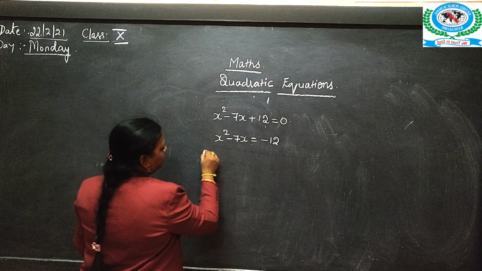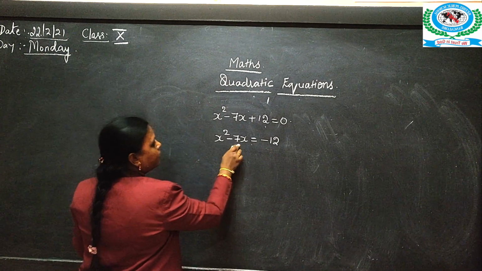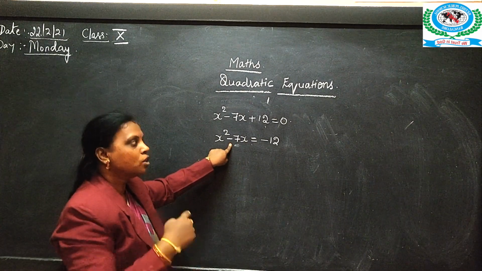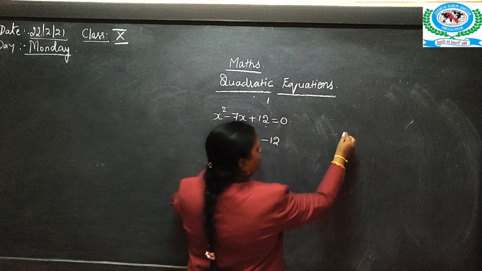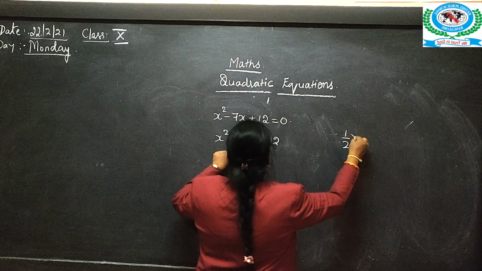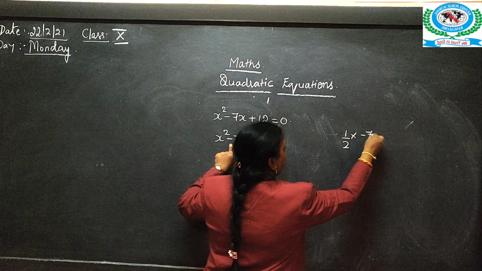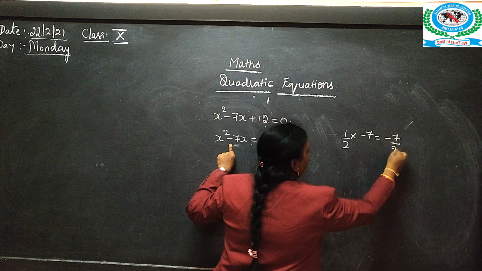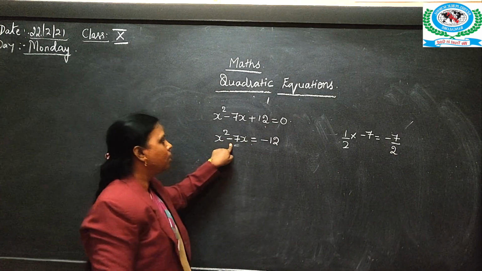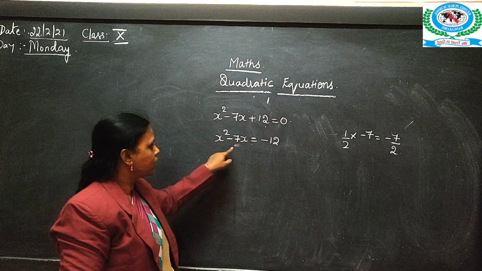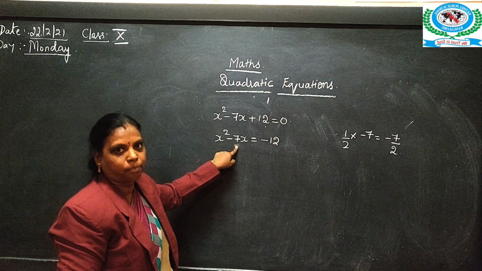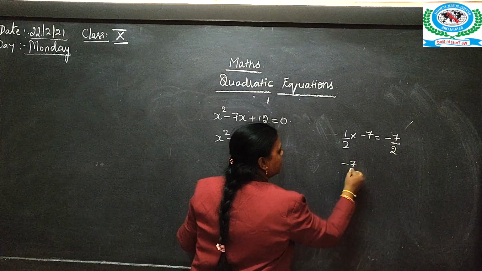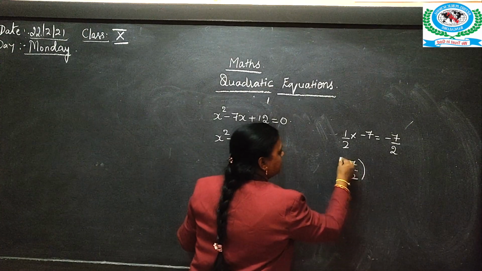So check the coefficient of x. The coefficient of x is minus 7. So half the coefficient of x. So half into minus 7. So it becomes minus 7 by 2. So what we have done is we have half the coefficient of x. Square that number. So minus 7 by 2, square it.